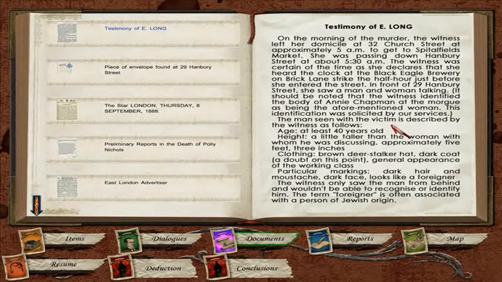Now, if you remember, before the murder of Annie Chapman, she was standing talking to her murderer. And there was a lady in a brown coat, I think, coming up, and the murderer looked at her.